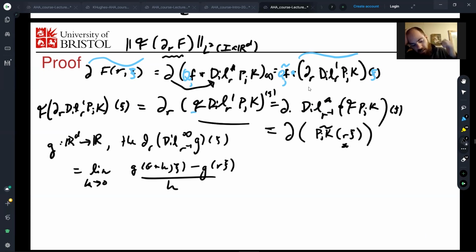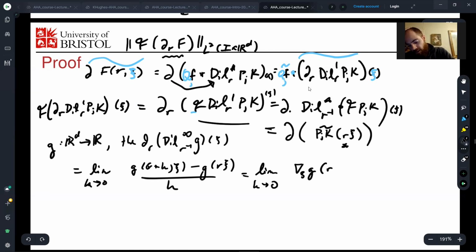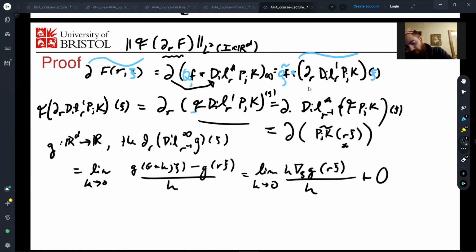And that's going to be a gradient in the direction of xi because that's fixed in this. So the gradient in the direction of xi of g, evaluated at r xi, all times h, divided by h, plus some O of h squared, if g is smooth, depending on g.